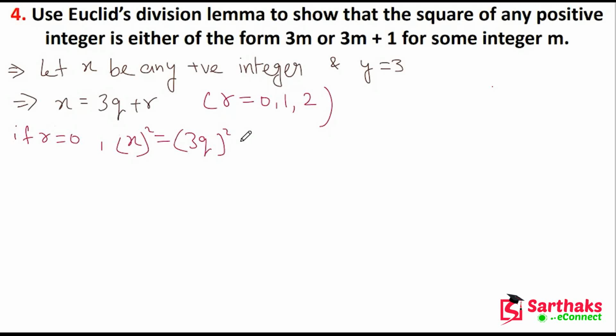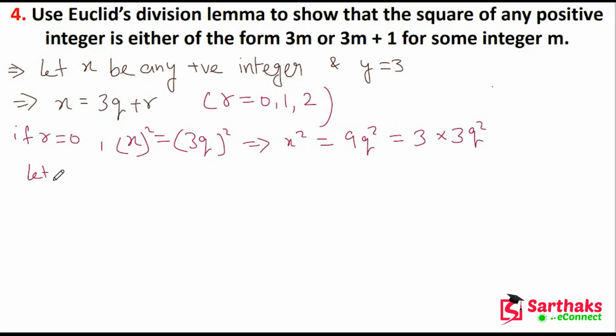So x square equals 9q square. We can also write this as 3 into 3q square. Now please follow these steps, which is very important.